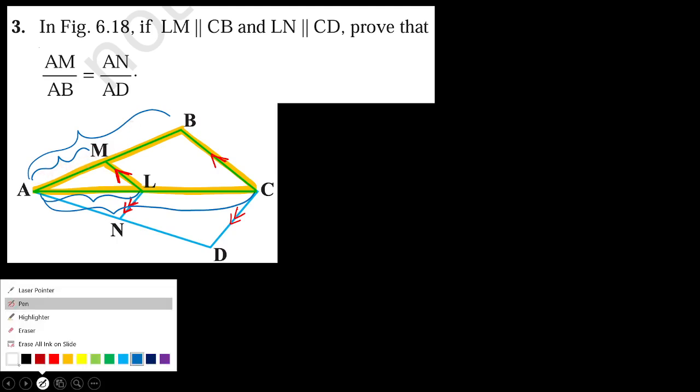The steps are important. You have to write like this. Since LM parallel to CB, the left side ratio will be AM by AB, and the corresponding right side ratio will be AL by AC. The reason you have to write inside the bracket. Which theorem is used? Basic proportionality theorem.